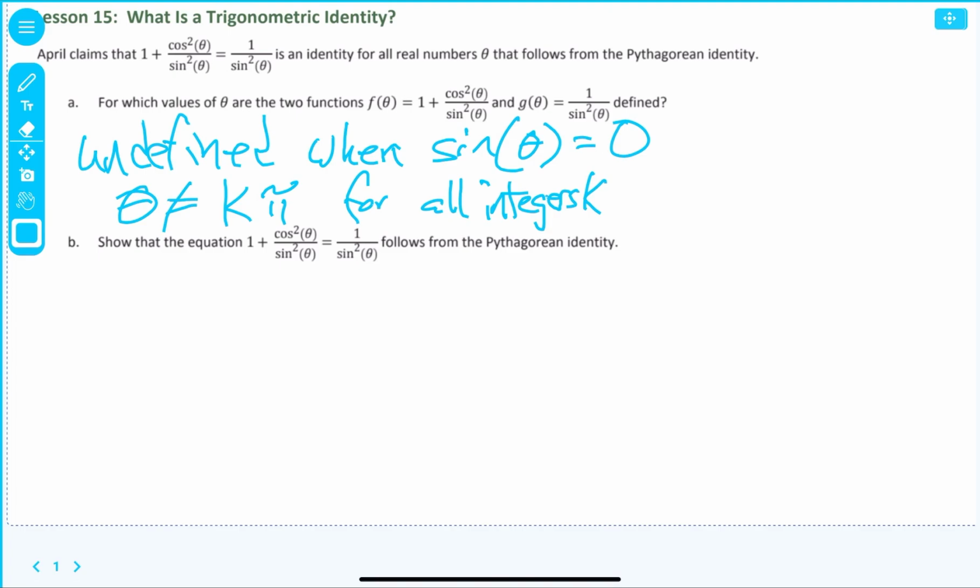Okay. B. Show that the equation follows the Pythagorean identity. Well, what is the Pythagorean identity? A squared plus B squared equals C squared. C squared here is always what?